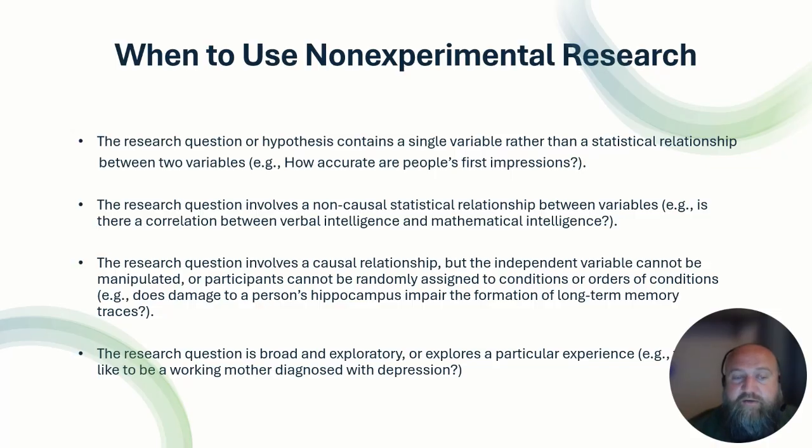I can't do an experiment that makes a tornado come down. I can't do an experiment that has a hurricane hit your town, or pick a school and say, sorry, folks, there's going to have to be a school shooting here because that's part of our research study. So I can't manipulate that independent variable in those cases.